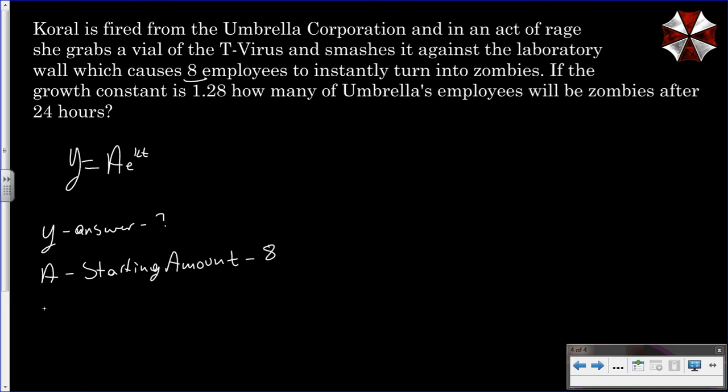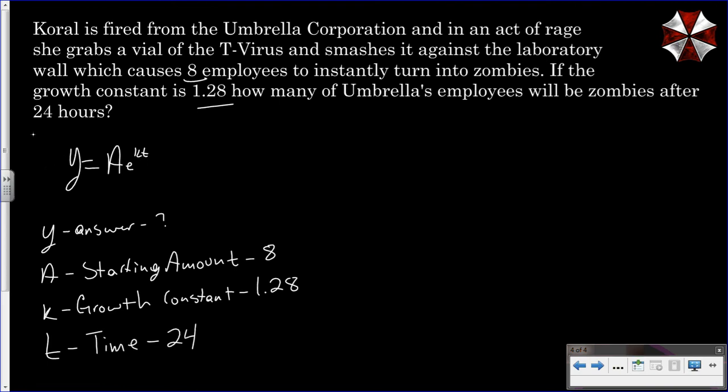Then we need K. K is our growth constant, and that is 1.28. And our T is time, which in our case is 24 hours. Now we can just plug it in.